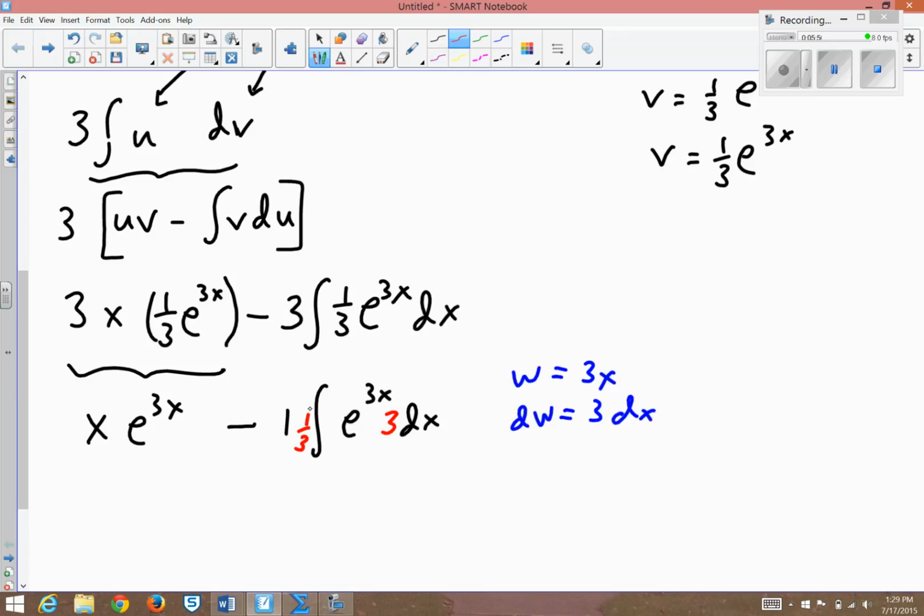If I put in a 3, I've got to put in a 1/3. Copying, so that was a 1, but now it's a 1/3, integral e to the w dw.